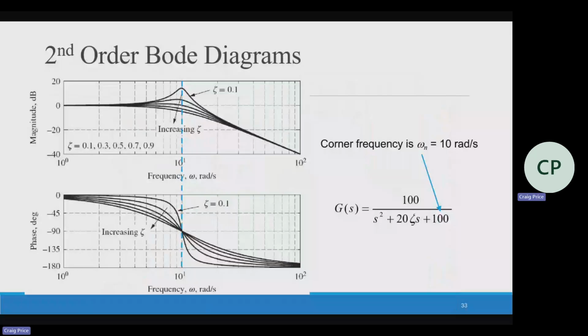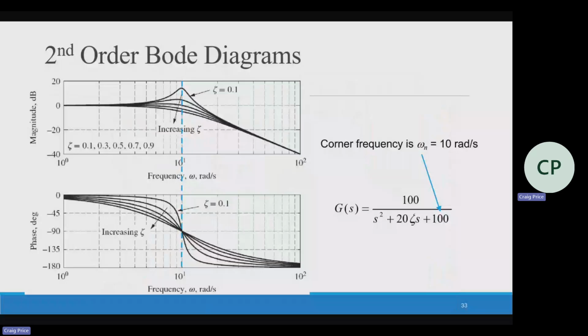Let's talk a little bit more. This is representing what happens as damping increases. If I have low damping, I have a high bump, and I have a quick transition for the phase angle. The more damping we have, the more friction in the system, the more we bring this resonant frequency down. We smooth it out, and we're also smoothing the phase angle, so it's less of a harsh transition.